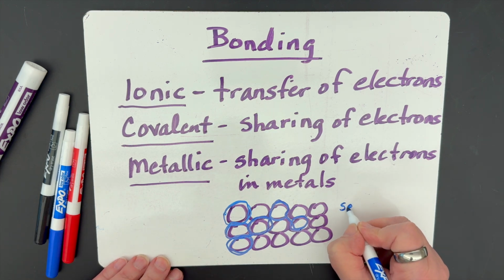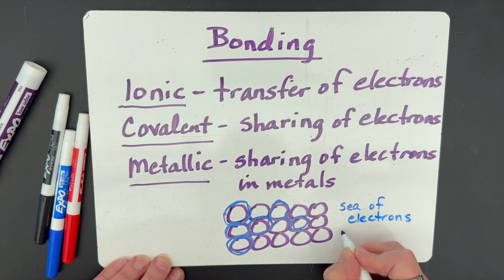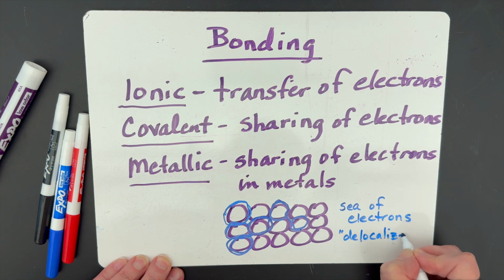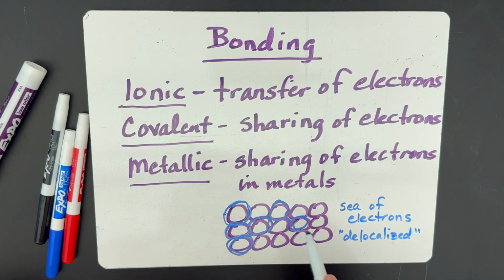So there's sort of this sea of electrons, and those electrons are called delocalized because they're not confined to one atom. They can move all throughout. But we're going to focus mostly on ionic and covalent for the rest of this video.